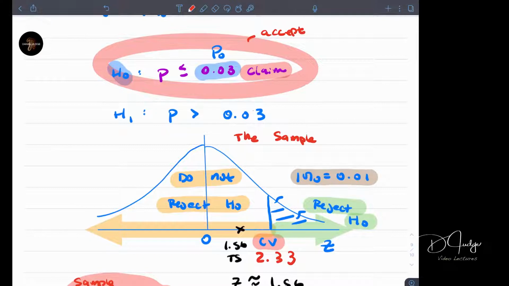Since you accepted that claim, what the sample is saying is that the proportion is less than or equal to 3%. So since you're accepting your claim, the sample supports the claim. Okay, so your sample is going to support the claim here.